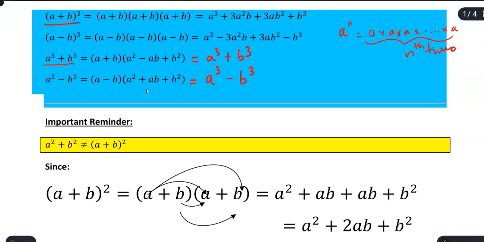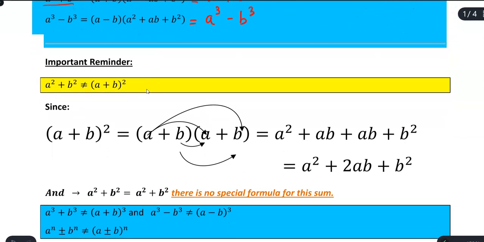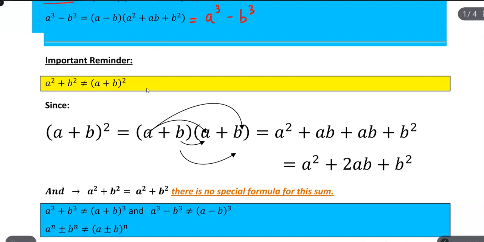And I expanded a bit into the sum of squares. So a squared plus b squared is not equal to (a plus b) all squared. Let me put in a few numbers to clarify. If I make a equal to 2 and b equal to 3, then a squared plus b squared is 2 squared plus 3 squared.